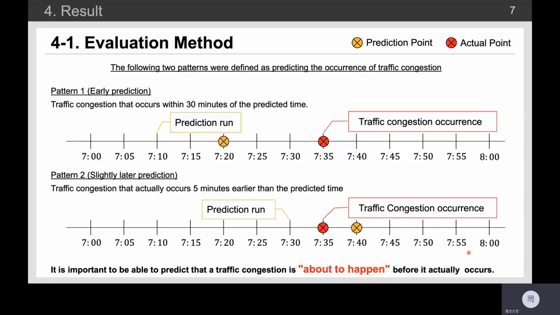Here, I'd like to explain the evaluation method in this study. The following 2 patterns were considered as being able to predict the occurrence of traffic congestion. Pattern 1: traffic congestion that occurs within 30 minutes after the predicted time.